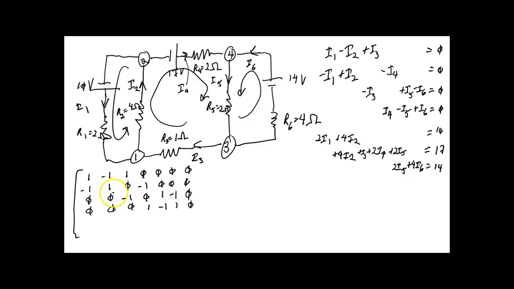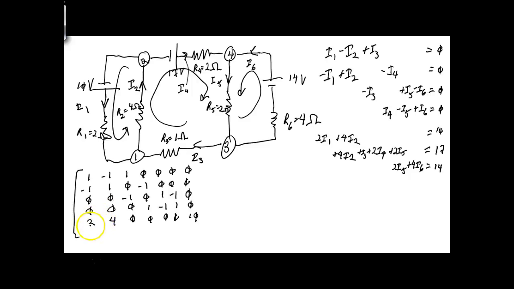All right, the fifth one's going to be a 2, 4, and 4 zeros in a row, and a 10.